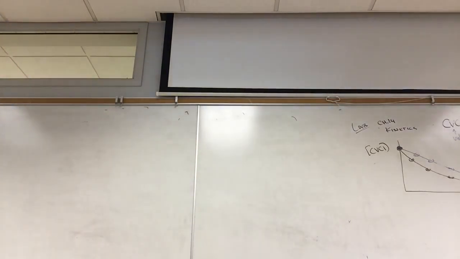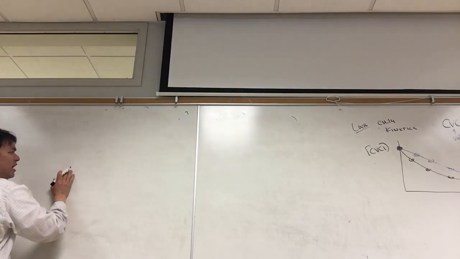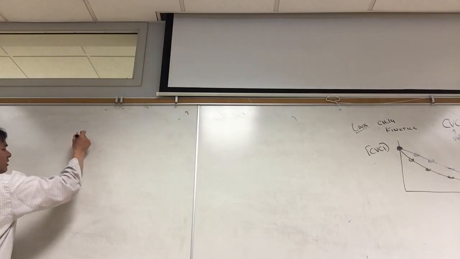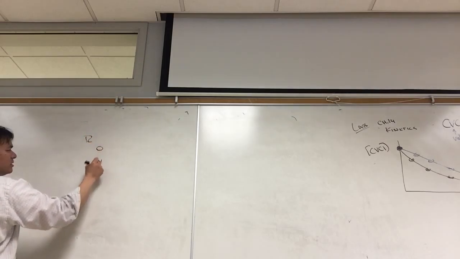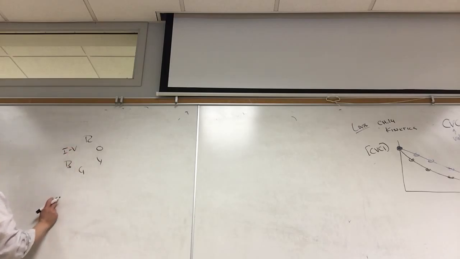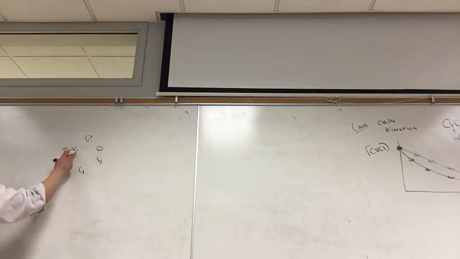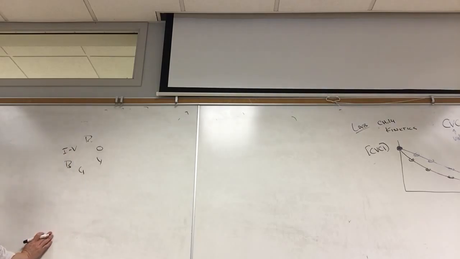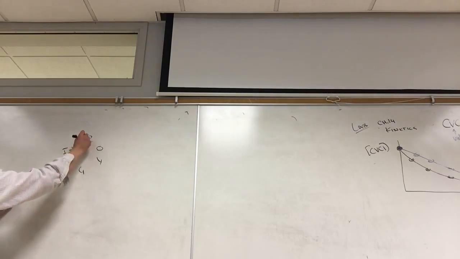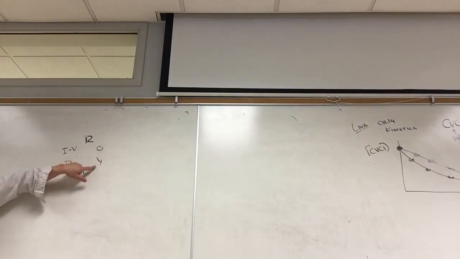Well, if something has a violet color, there are different ways that violet color originates. And so we can look at the color wheel like this: red, orange, yellow, green, blue, indigo, violet. Let's say something has a green color. A green color can be made by mixing blue and yellow.